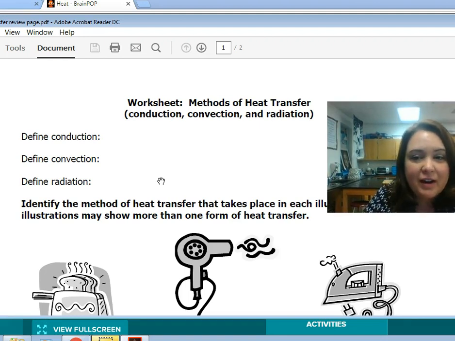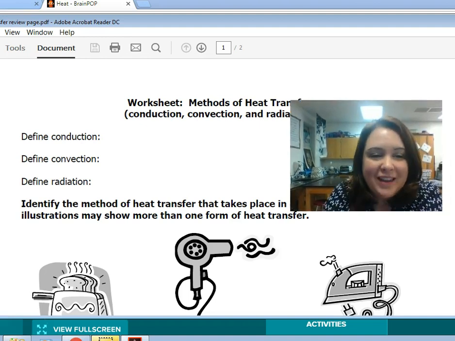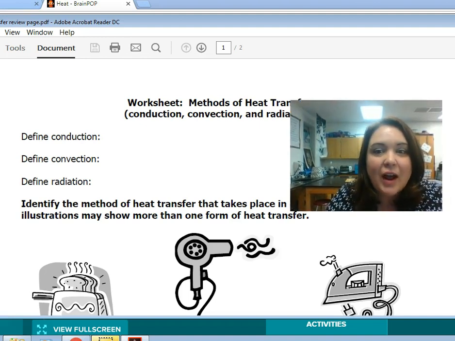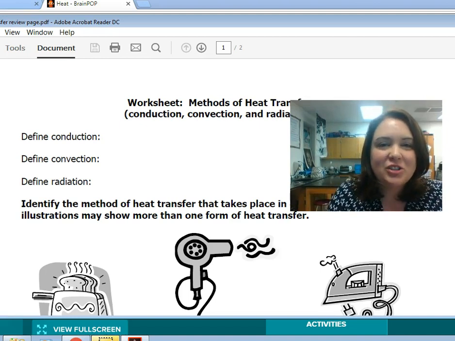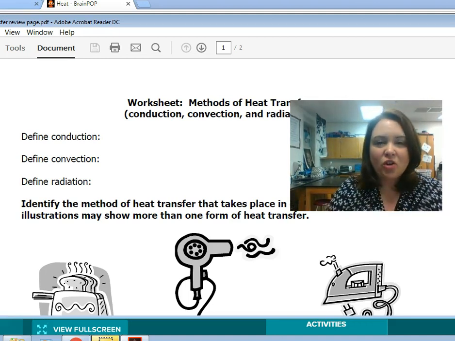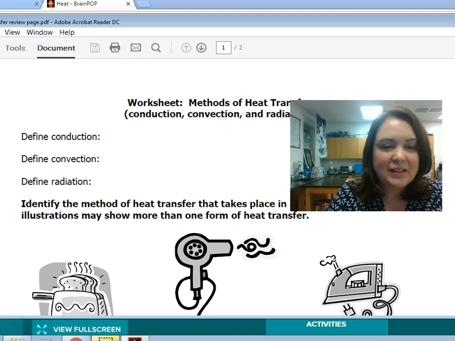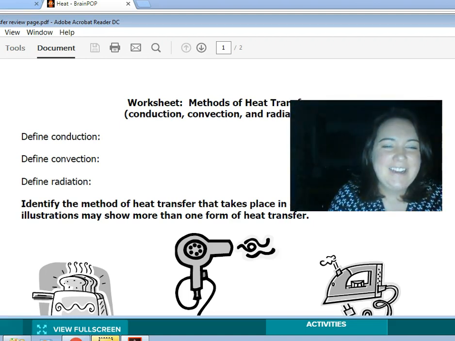Convection, go ahead and write it in. Convection is heat transfer where the warmer temperatures rise and the cooler temperatures sink. All dealing with density. As those molecules spread out, they rise up. As they then condense down when it's cold, they'll sink back down. So conduction, heat transfer by touch. Convection, heat transfer where hot rises, and cold sinks.